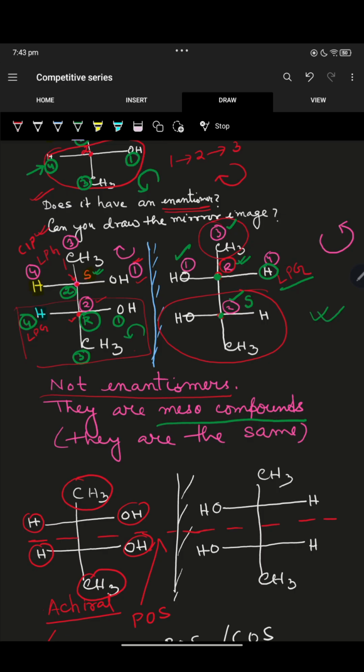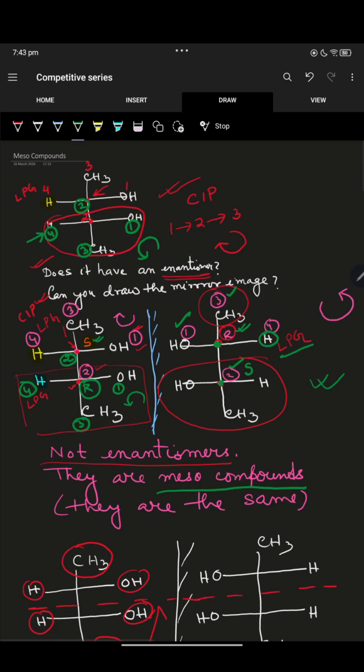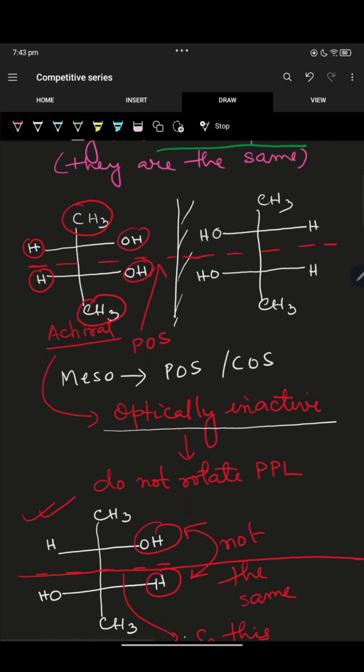They are meso compounds. Why? Because they are the same. If you notice the structure, it contains a plane of symmetry. This is the plane of symmetry which I am drawing over here. Why?